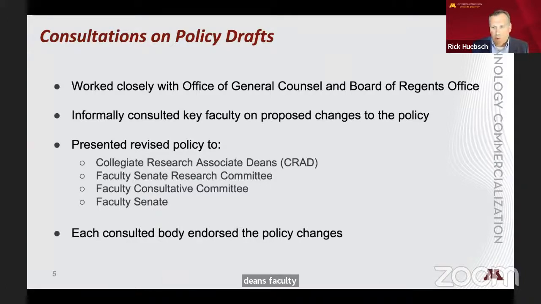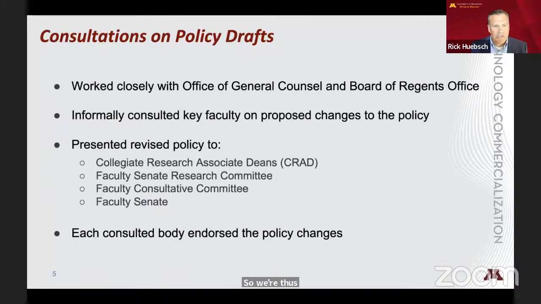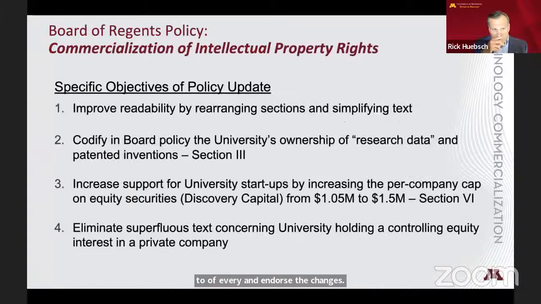We're due to go to the Board of Regents in a couple of weeks, pending this discussion today and working with the Faculty Senate. Each of those bodies that we've talked to have agreed and endorsed the changes. And so the next slide really outlines the 4 changes, and we'll talk through those today if you have any questions regarding those.